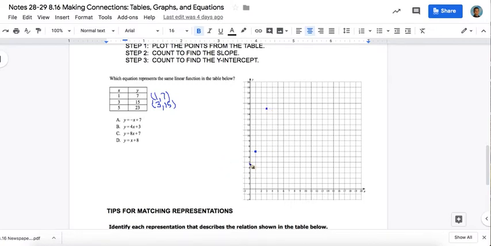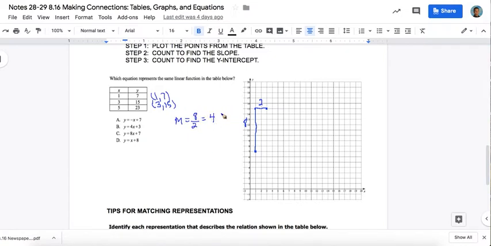Okay, now we are going to use those 2 points to find the slope. We're going to go up 1, 2, 3, 4, 5, 6, 7, 8. So my rise is +8 and my run is +2. So m equals 8 divided by 2, which simplifies to 4.